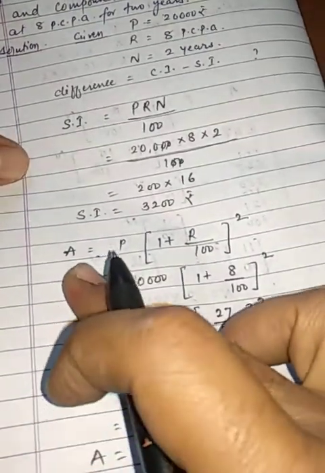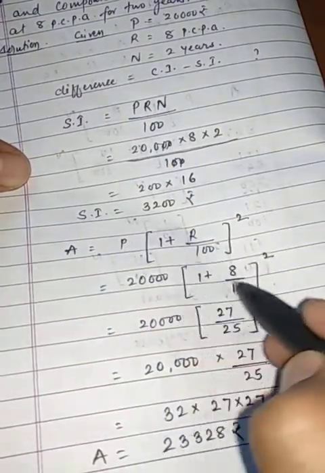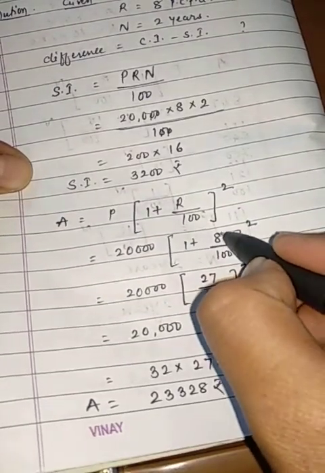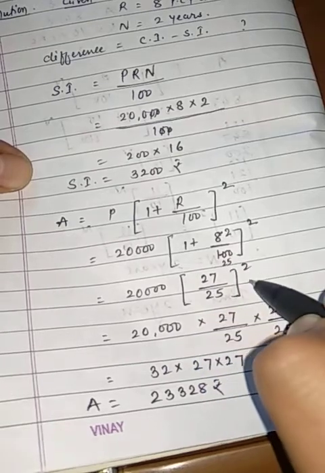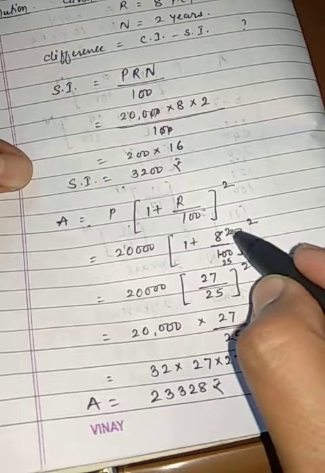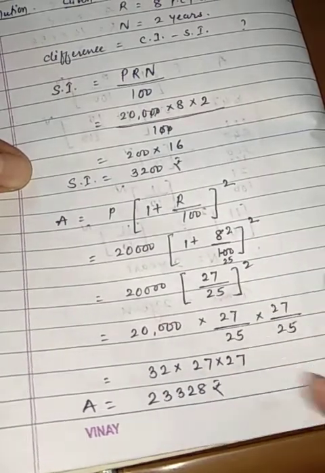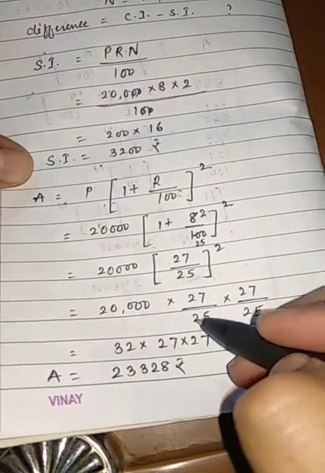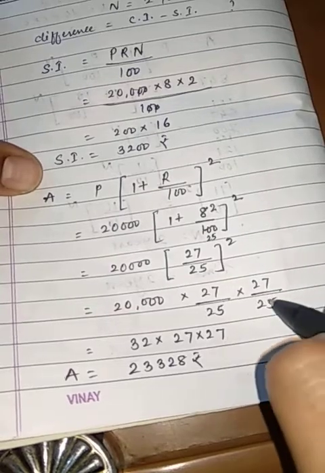Now use the formula for amount using compound interest and substitute the same values here. Here we have simplified this by dividing by 4. 4 twos are 8 and 25 fours are 100. Cross multiply. 25 ones are 25 plus 2, 27 upon 25 squared. Squared means multiplying the same number 2 times. You will divide this number by 25, and then again divide by 25.